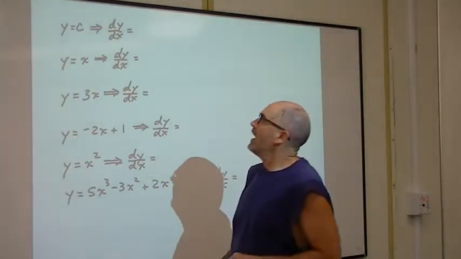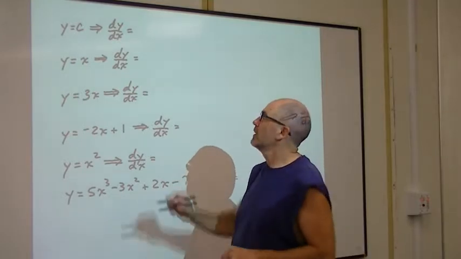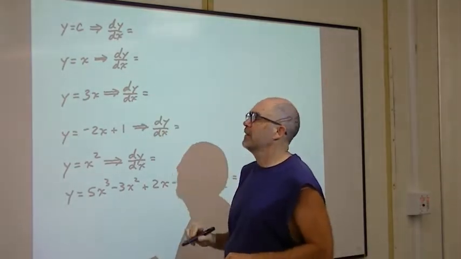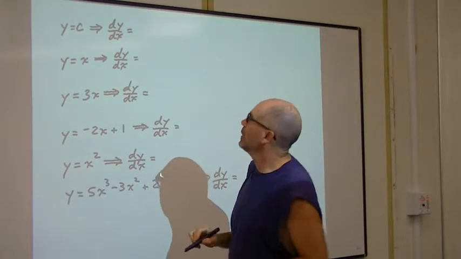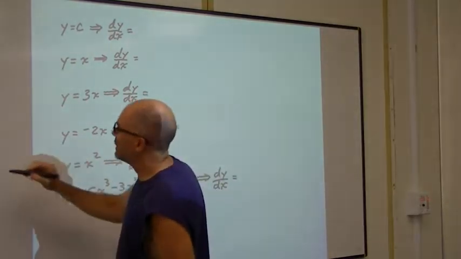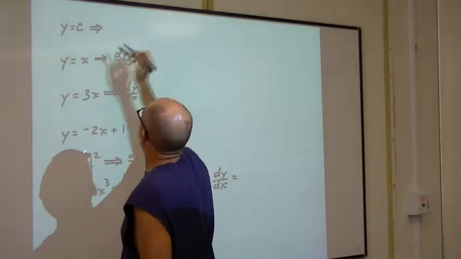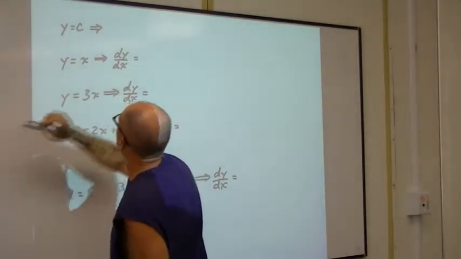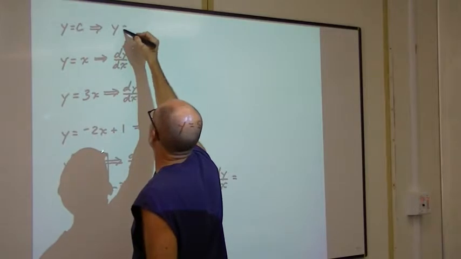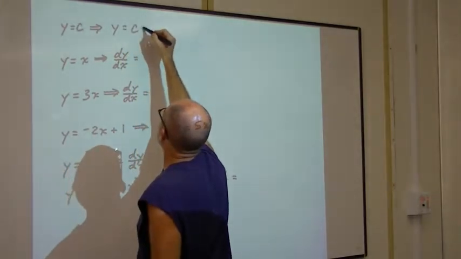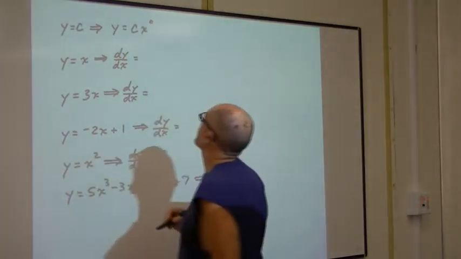If we have y equals a constant, what's the derivative of that? Well, let's back up a step. y really equals a constant times x to the 0.